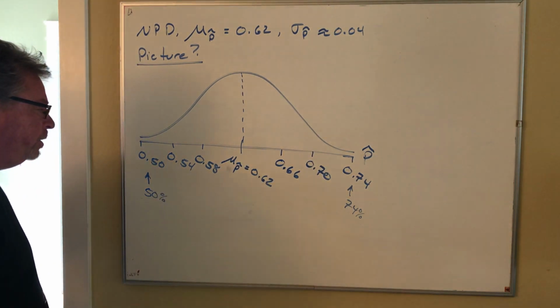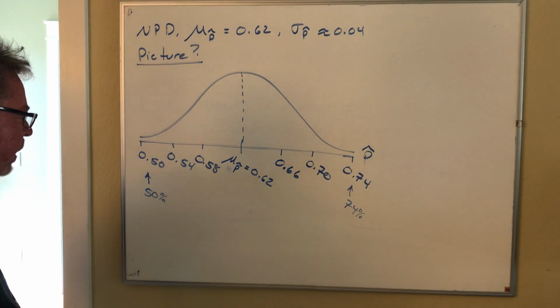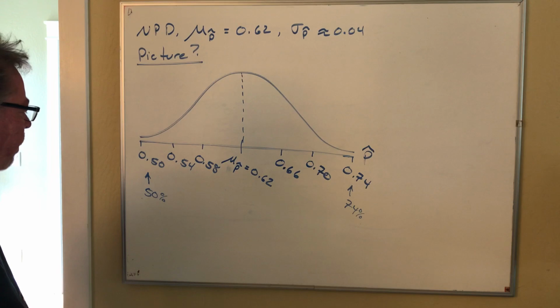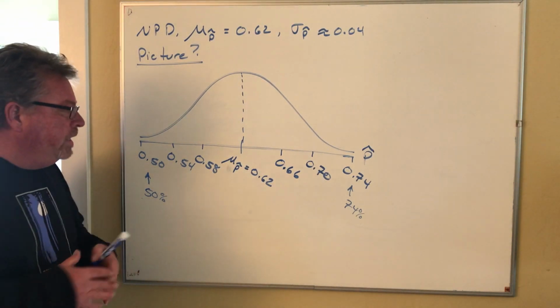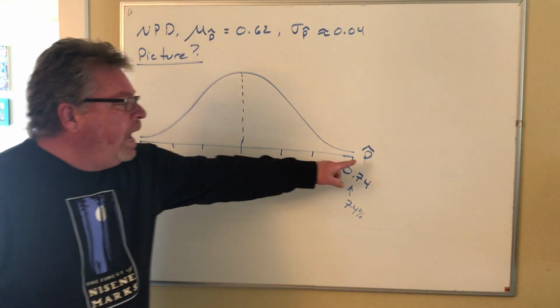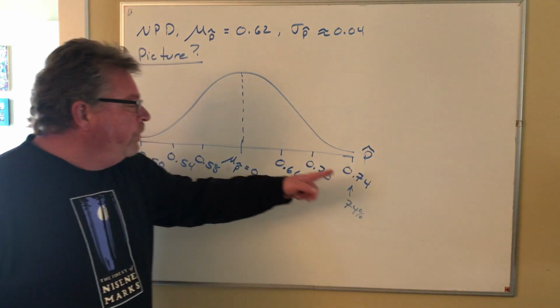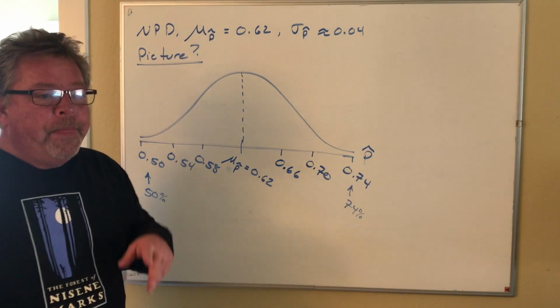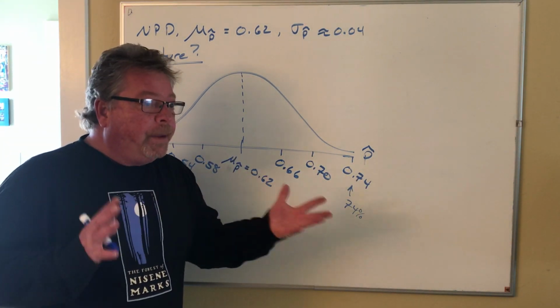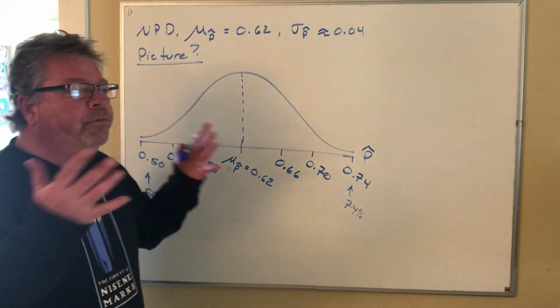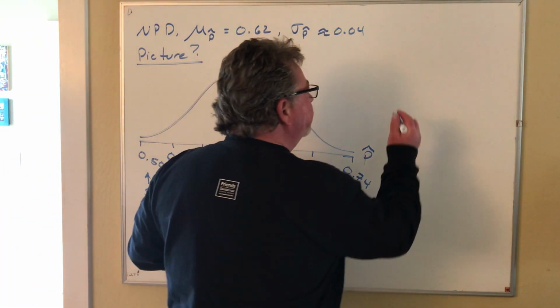So there's our picture, and it's really, really important that you guys can draw these pictures with detail, making sure that the axis is labeled with the correct variable, and 3 standard deviations are indicated each way, right? So this is what I referred to as a detailed picture.